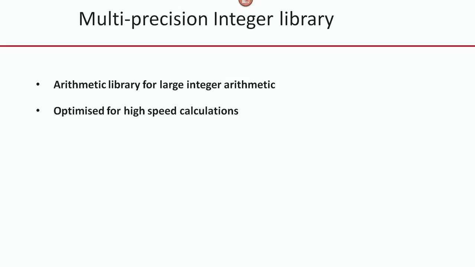So these can't really be worked on with the standard libraries that are within our compiler. So there is a big number library that's provided within the cryptographic suite that allows us to work with very large numbers, and this is optimized for speed of calculation. So you need this sort of library to be able to work with any cryptographic suite.